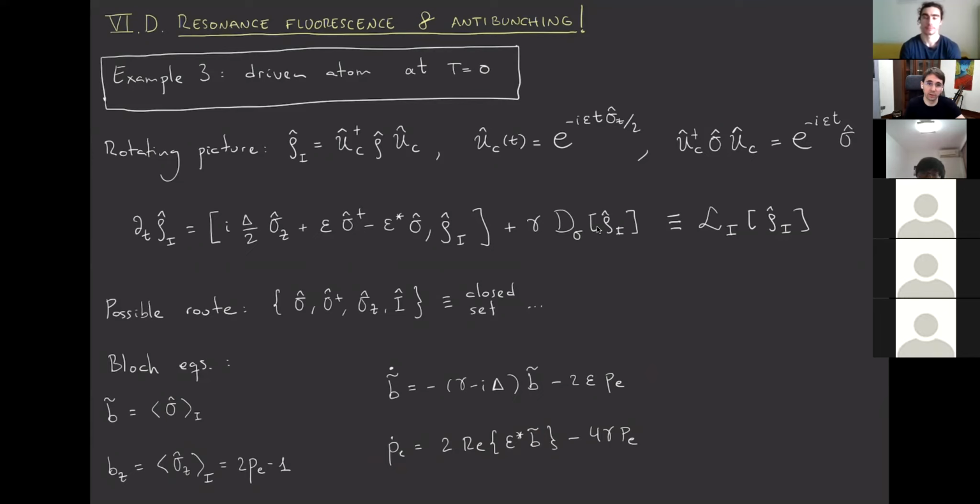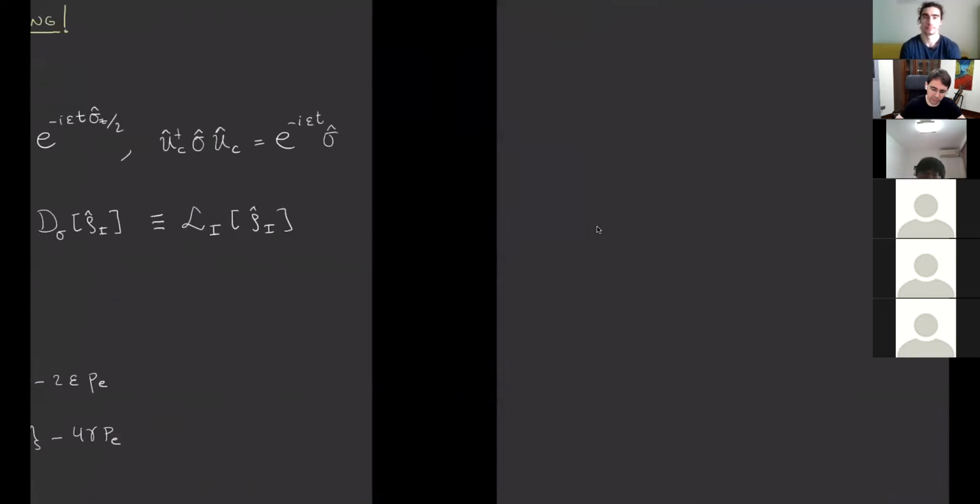And the first thing that we need to do is understand the steady state. So this is something that we didn't really do in the previous chapter. So I just show you very quickly the steady state, in particular, the excited state probability in the steady state, which you can find very easily because we have a time-independent master equation.